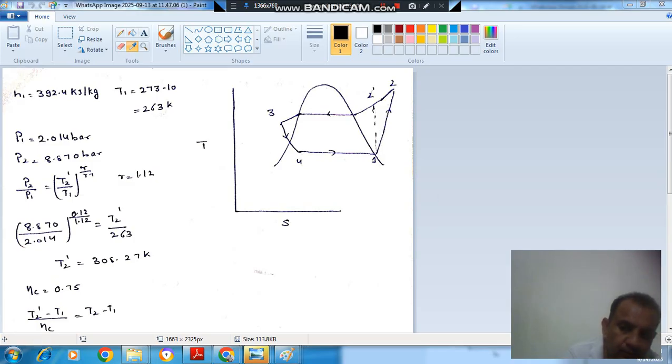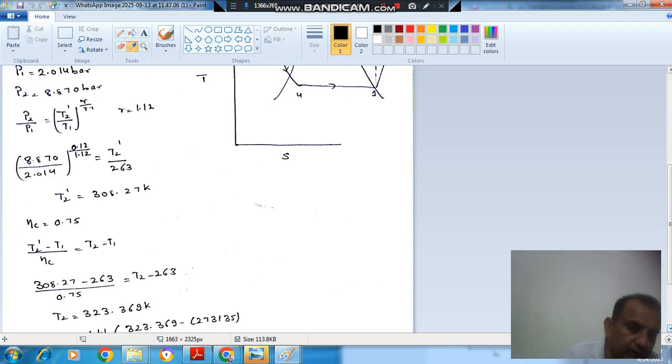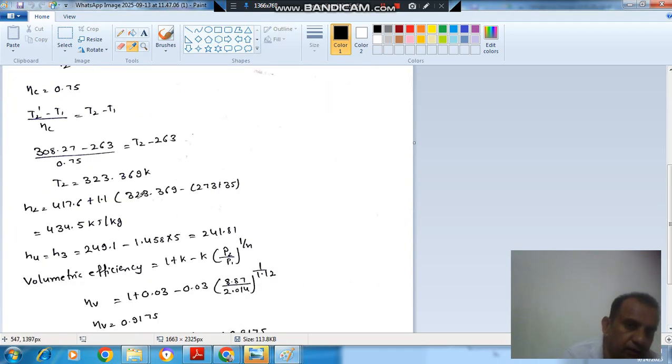So T2 minus T1 can be found, and then T2 can be found out. That is 323.369 Kelvin. So now H2 can be found out.